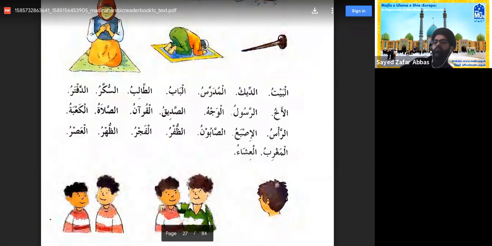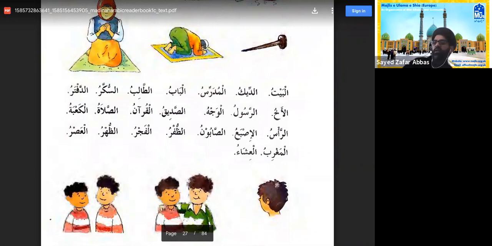Okay? So what are these? Al-Bayt, we know, the house. Ad-Dik, the cockroach. Al-Mudarris, the teacher. Al-Bab, the door. Al-Talib, the student. Al-Sukkar, the sugar. Al-Daftar, the notebook. Al-Akh, the brother. Al-Rasul, the messenger. Al-Wajh, the face. Al-Siddiq, the friend. Al-Quran, the Quran.